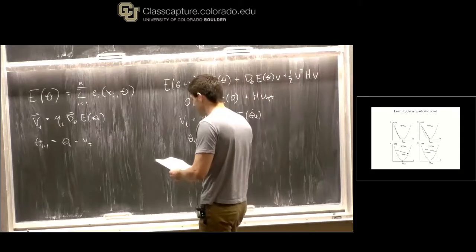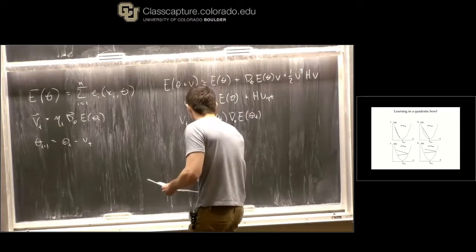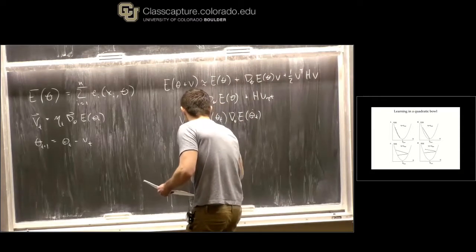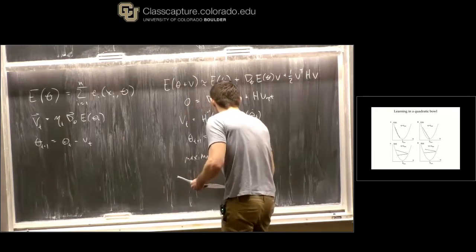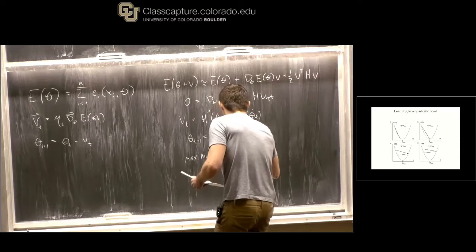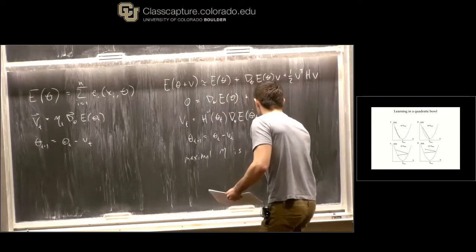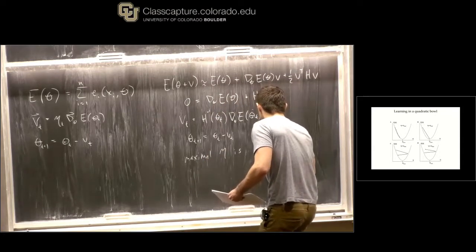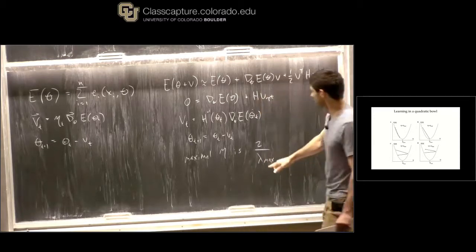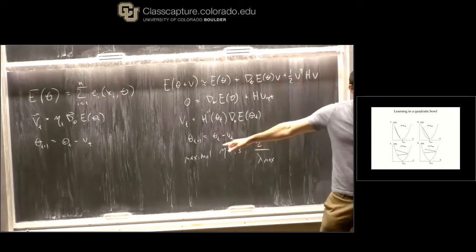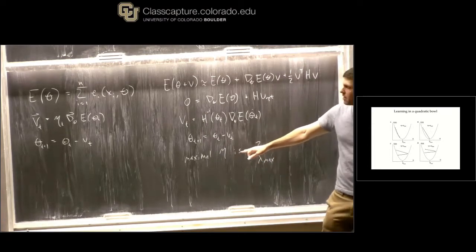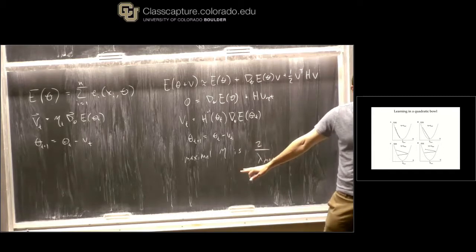If you have a whole spectrum, then the maximal learning rate that you should be allowed to use is going to be something like 2 over lambda max, right? So if there are very big eigenvalues in a lot of small directions, you're making very, very small steps to make sure you don't go unstable, and you're not making much progress.